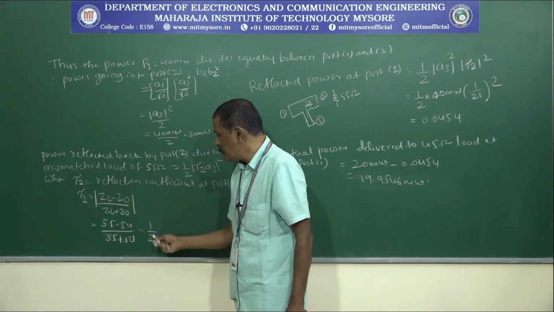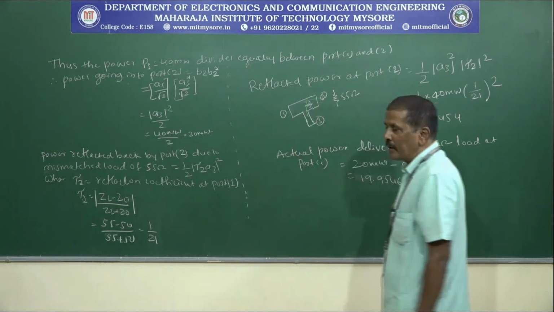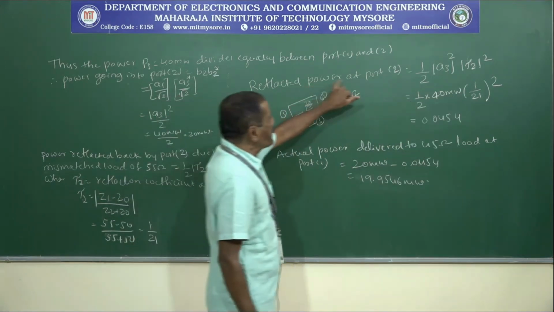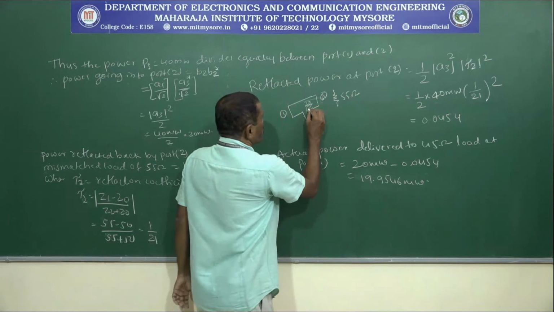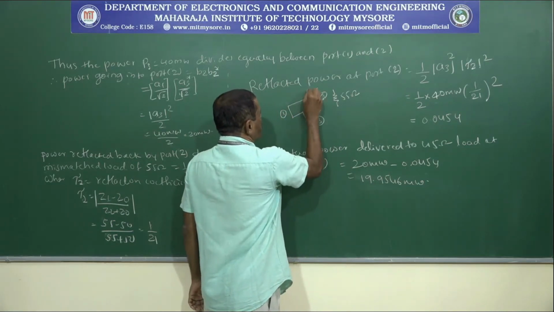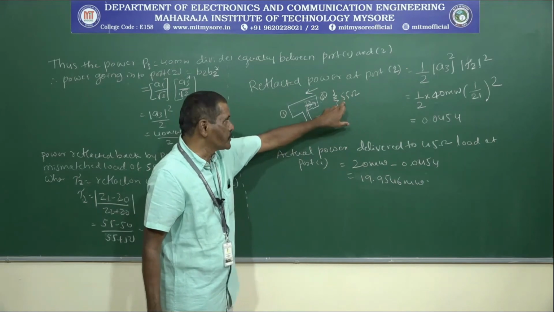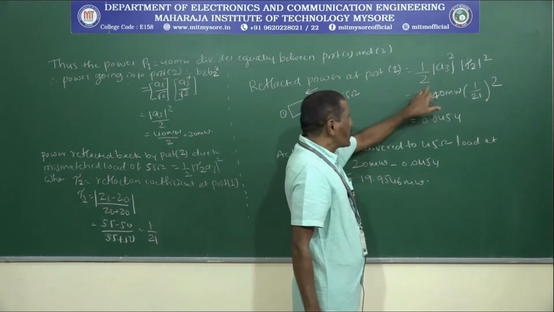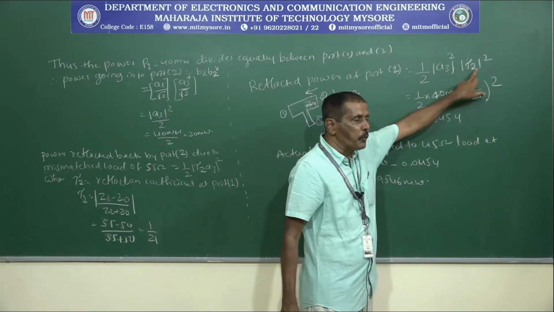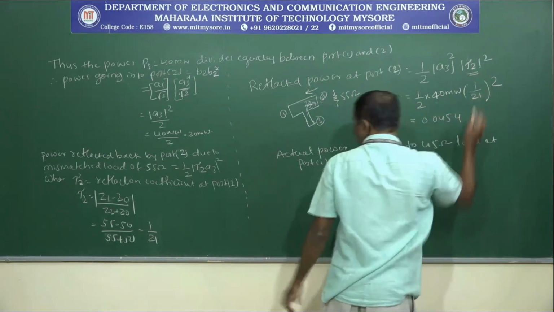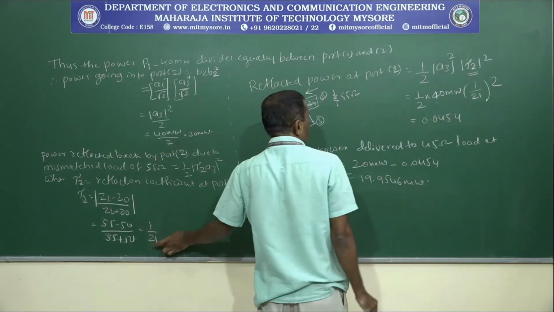Substituting in this equation, I get 1 by 21. Then the reflected power at port 2: 20 milliwatts is going here, so how much is reflected back due to the 55 ohms? This is equal to 1 by 2 into A3 square into tau 2, and this tau 2 value we have calculated here, it is 1 by 21.